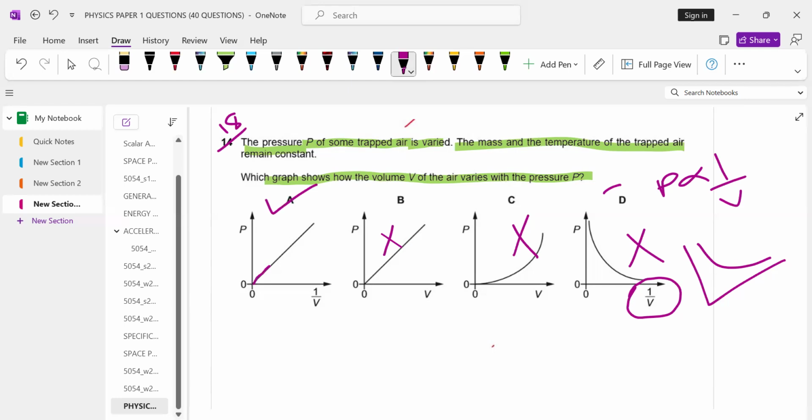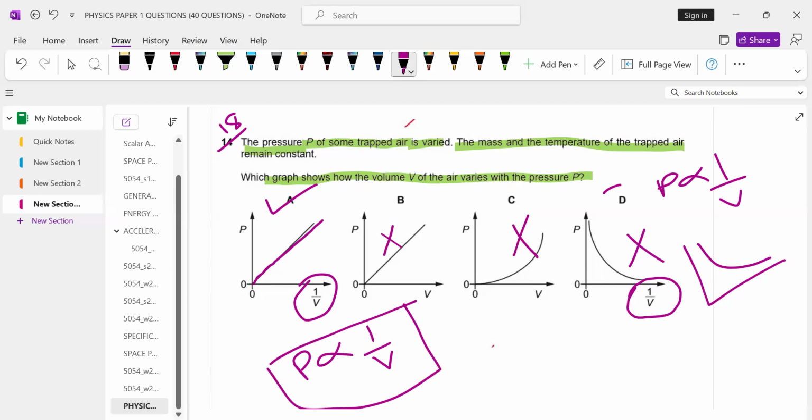This is a graph for the constant. You can say a direct relationship, but at the x-axis there is 1 upon V. So when you make the equation of this graph, it becomes like this. Pressure is inversely proportional to volume. That's why option A is correct for question number 18.